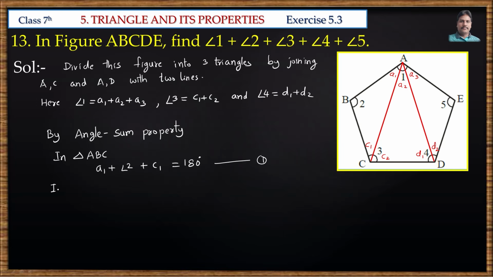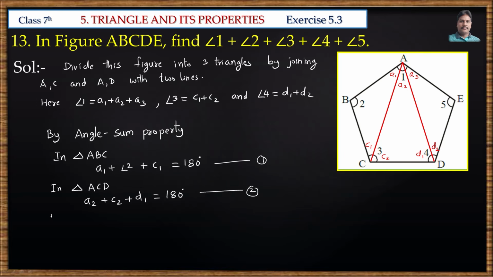And in triangle ACD, take this triangle, the angles are A2, C2 and D1. A2 plus C2 plus D1 is equal to 180 degrees. Say it as equation 2.